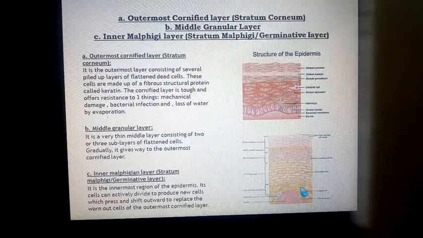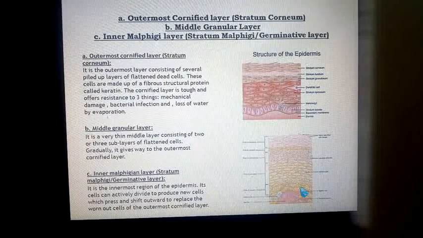The cornified layer is tough and offers resistance to 3 things, that is mechanical damage, bacterial infection and loss of water by evaporation. Got it? The layer which is made up of dead cells, stratum corneum. Got it? Beneath that, cells arise from the deeper malphigian layers.